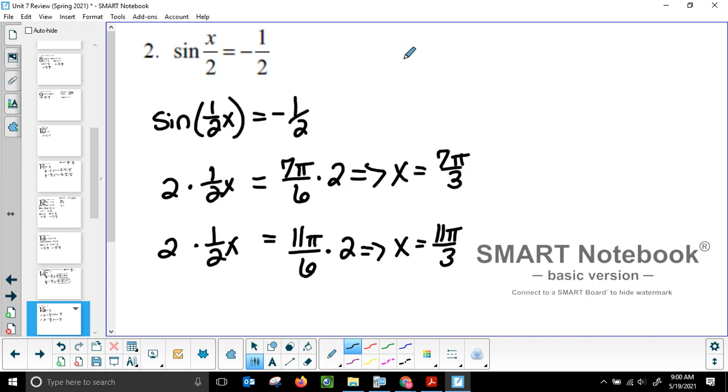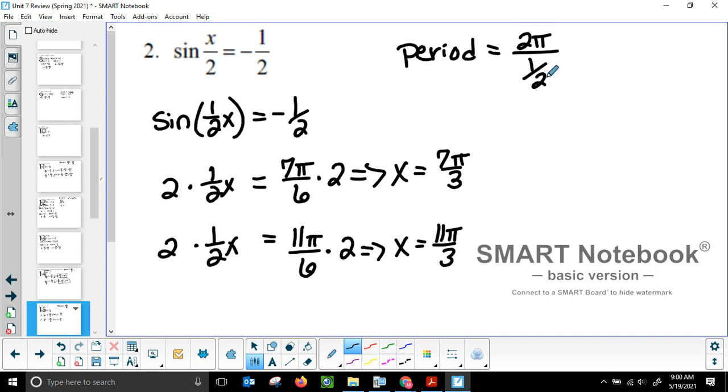Now we do need to mess with our period. This is sine, so our period, again, is 2 pi over b. A lot of you are still terrible at dividing by fractions, which I noticed on your last test. Instead of multiplying by 2, you multiply by 1/2.